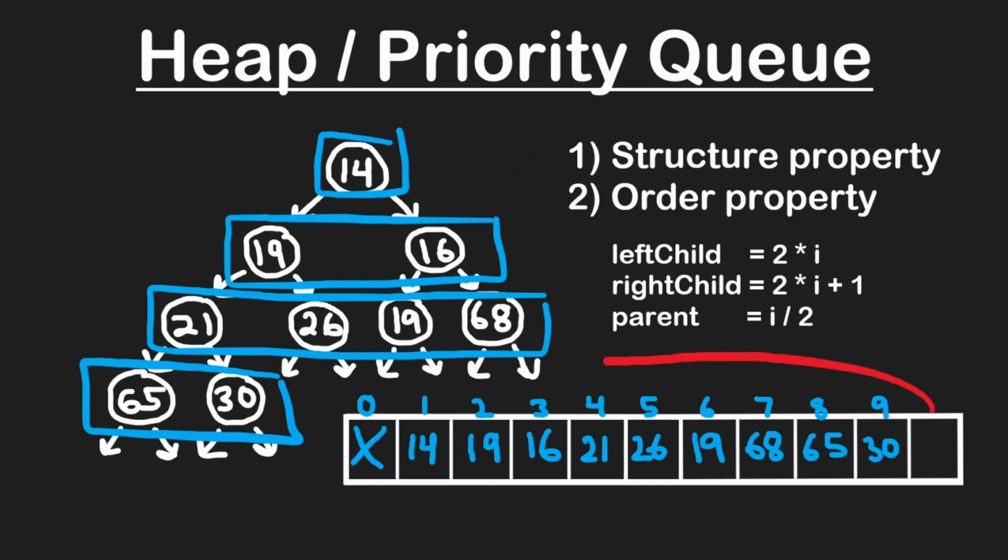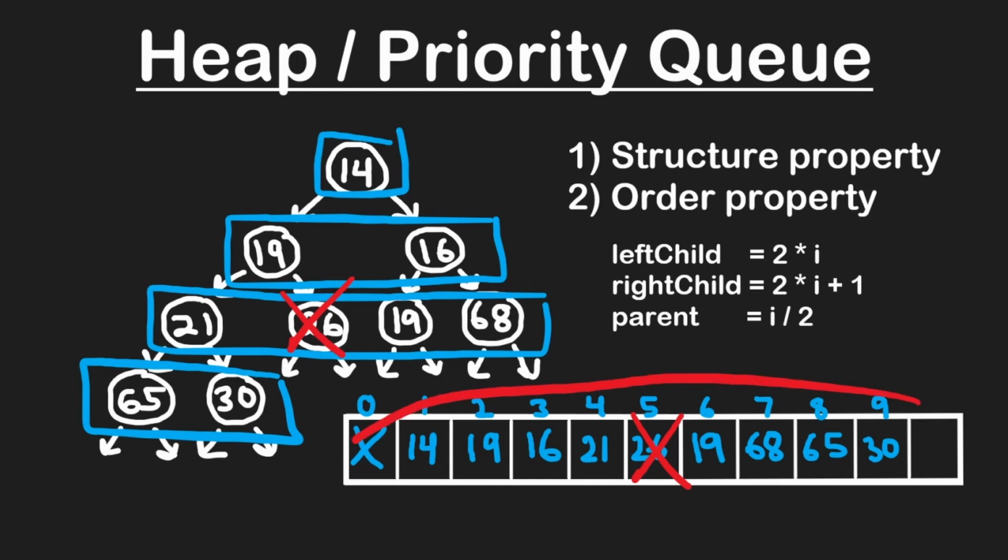That's also why we can use this array to represent the binary tree. Because if we had holes and stuff over here, like this 26 doesn't exist, then it wouldn't really make any sense to use an array because we just have random holes everywhere using a regular binary tree. But with a binary heap like this one, we're never going to have holes. That's the entire point of having a complete binary tree.